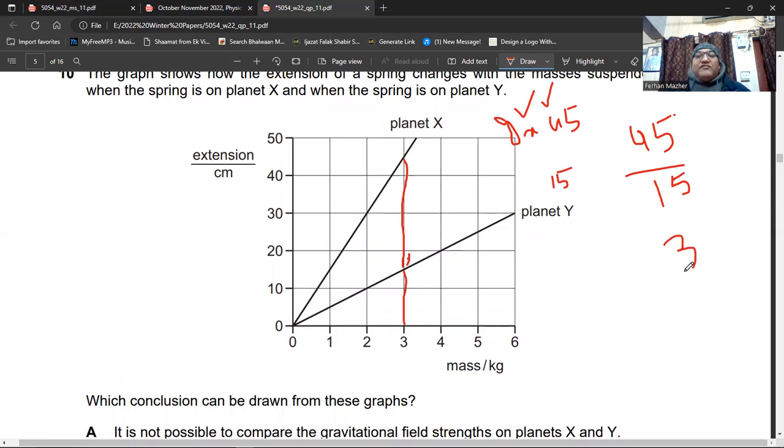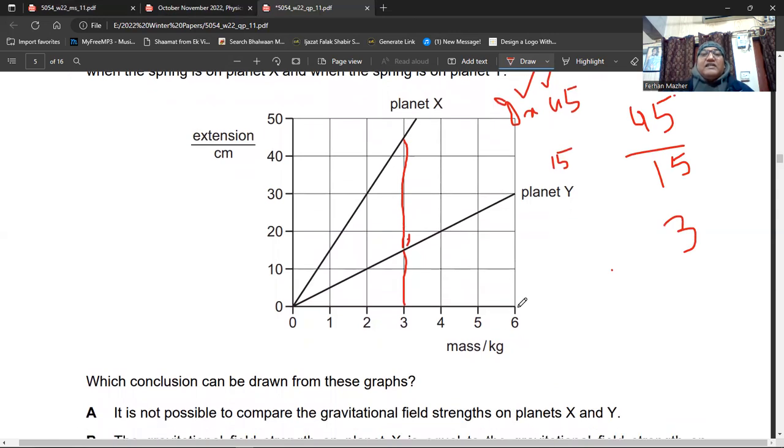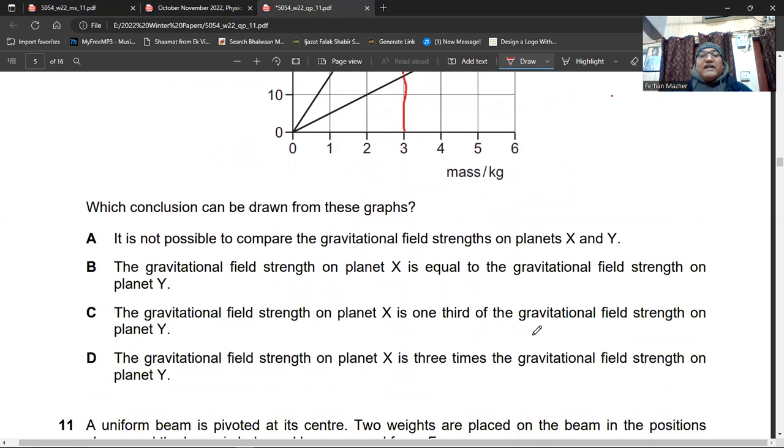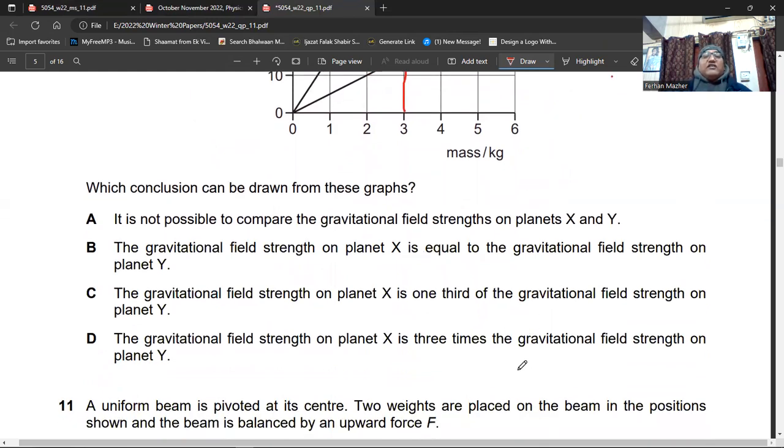So the factor is 3. The ratio between them is 3. It means that on the planet X, the G value is 3 times more than the planet Y. So the gravitational field strength on the planet X is 1/3, no, that's wrong. It is 3 times the gravitational field strength on the planet Y. So D is the right option, sir.